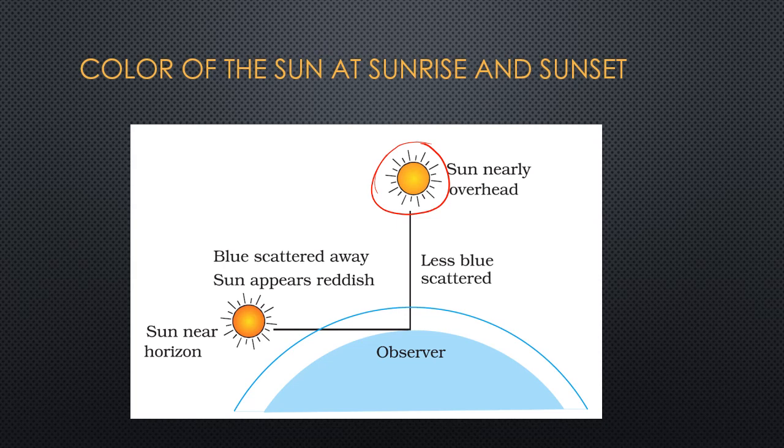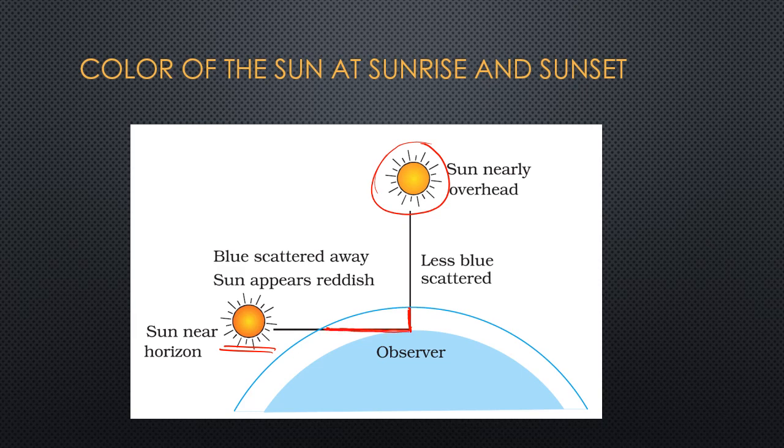But when the sun is at the horizon, the light has to travel more distance through the atmosphere. You can see here for the first case when it was overhead, the path it traveled through the atmosphere was only this much. But when it is near the horizon, the path traveled is this much.